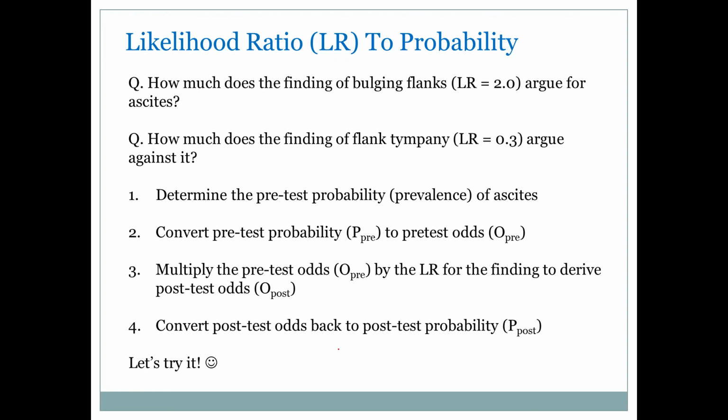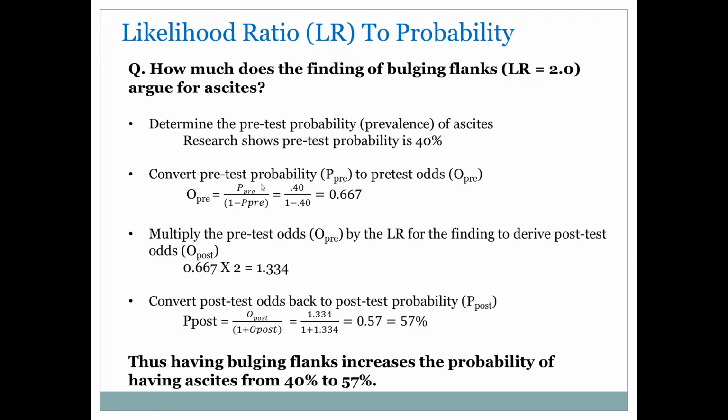Okay, so let's do them one at a time. How much does the finding of bulging flanks, with a likelihood ratio of 2, argue for ascites? First, we're going to determine the pretest probability, which is prevalence. We're going to get that from research, maybe from a sample, or we did the ultrasound, so we have an idea of that.